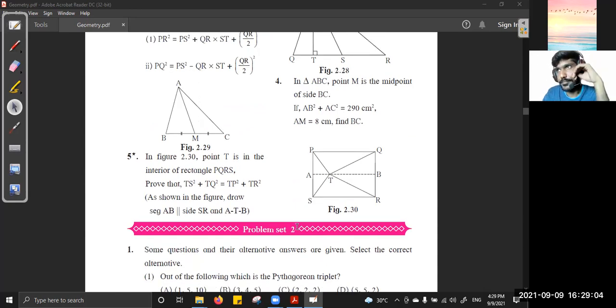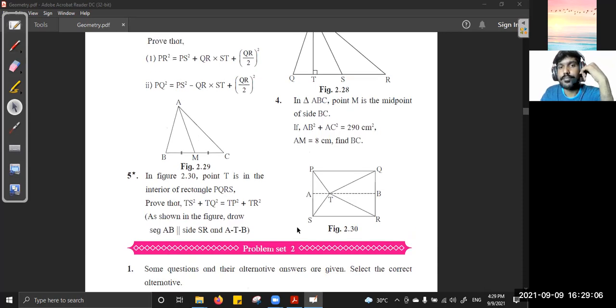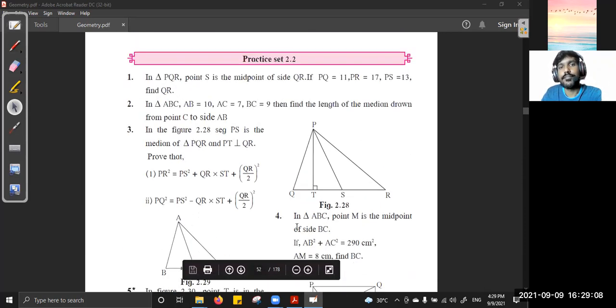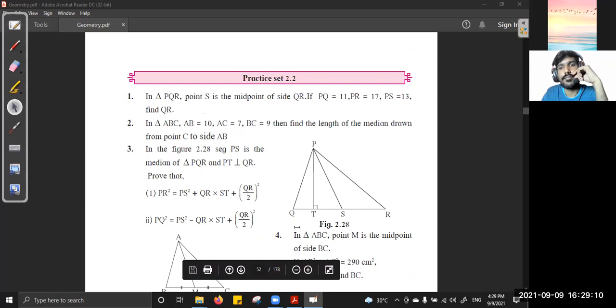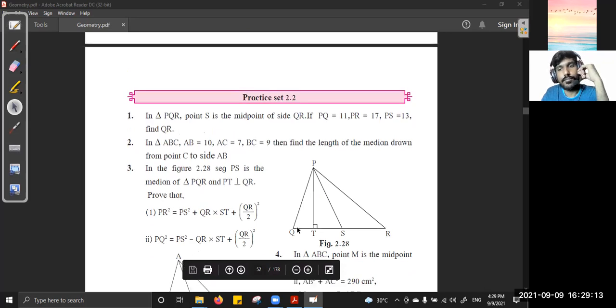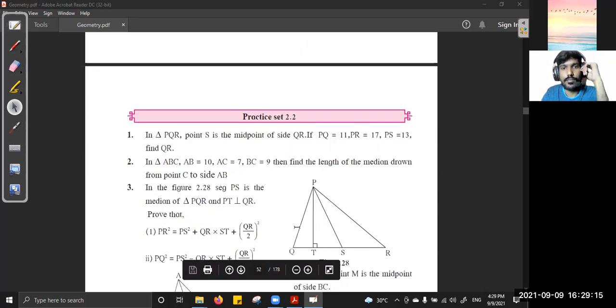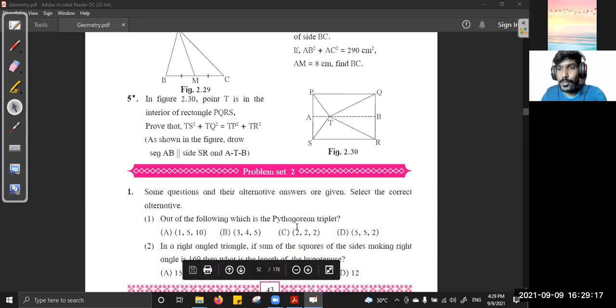It's deleted. Application of Pythagoras theorem and Apollonius theorem, practice set 2.2 is not there. Only 2 are there. I thought the third is actually the problem set. So we have the problem set.